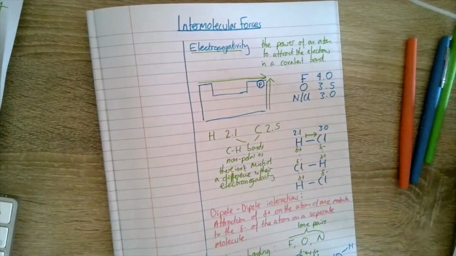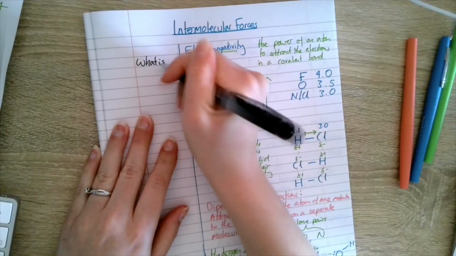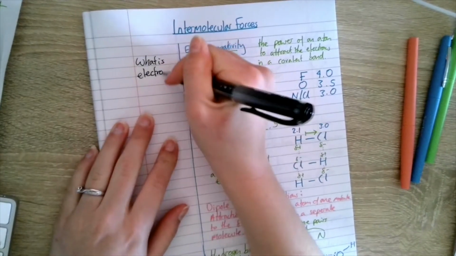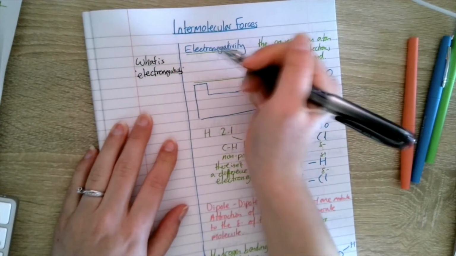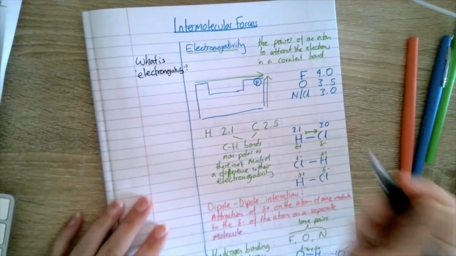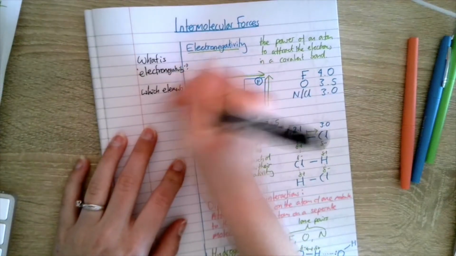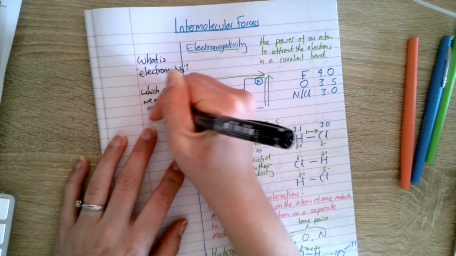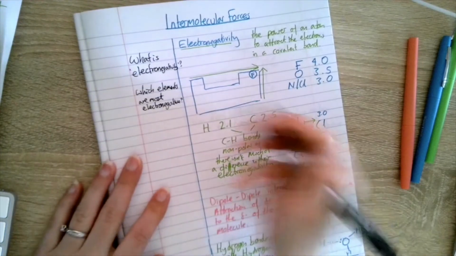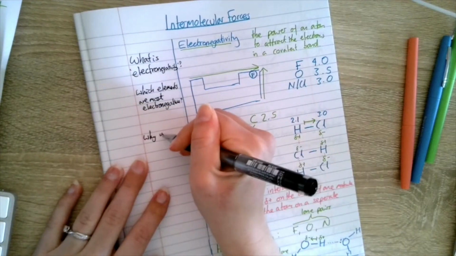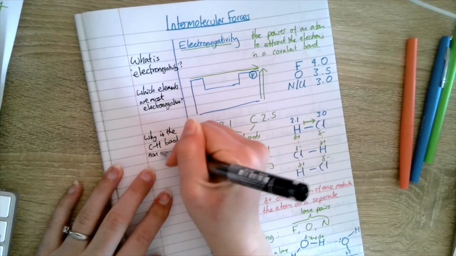So just to recap what we've covered. What is electronegativity, as in the term? Which elements are most electronegative? Why is the CH bond non-polar?